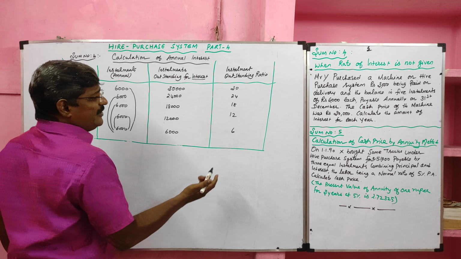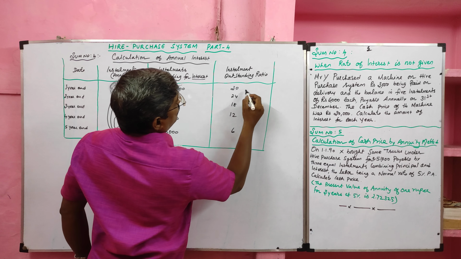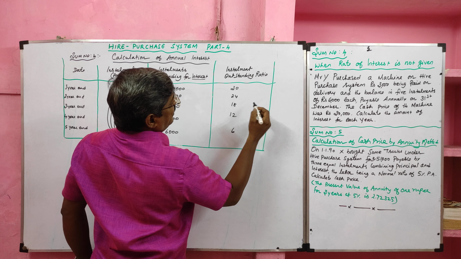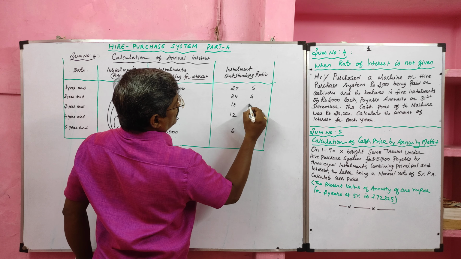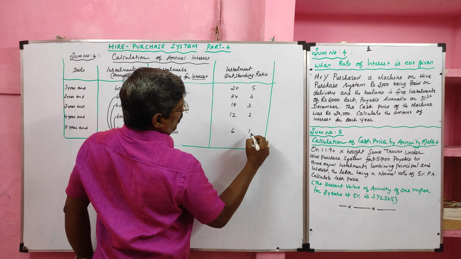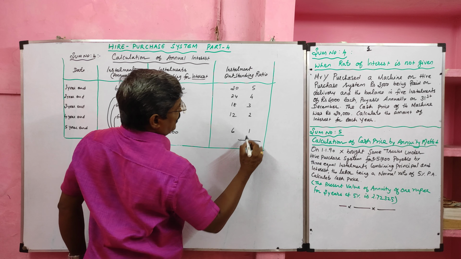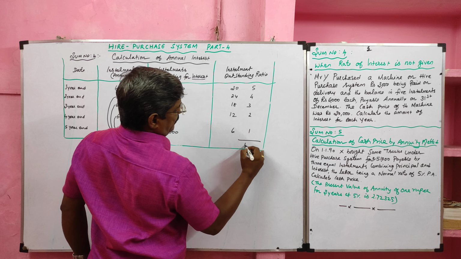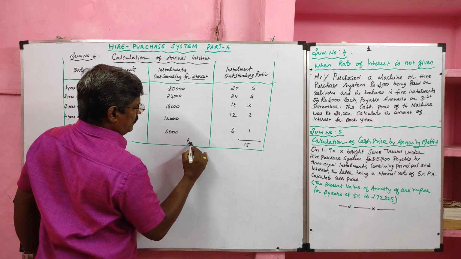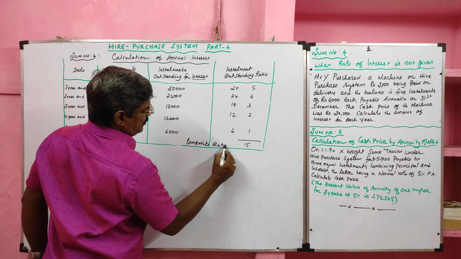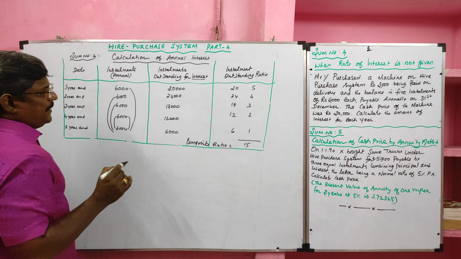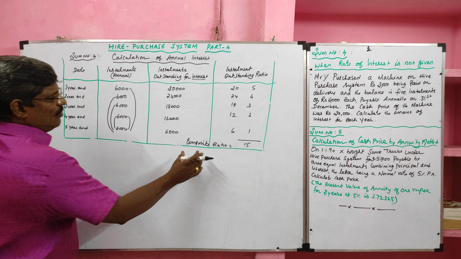Then we can simplify. All are divisible by 5, so we can write 5, 4, 3, 2, 1. So the composite ratio value is 15.